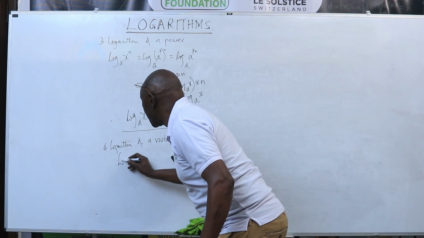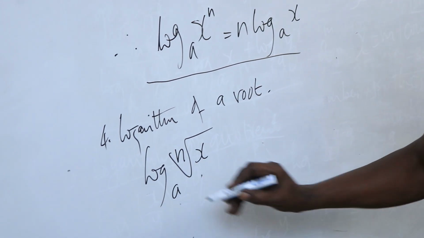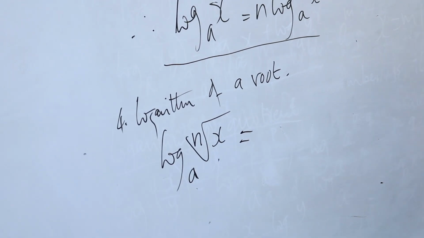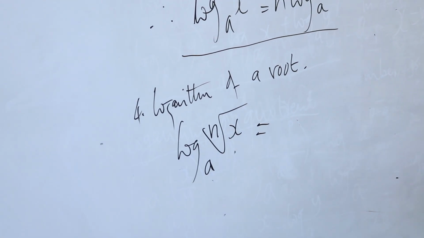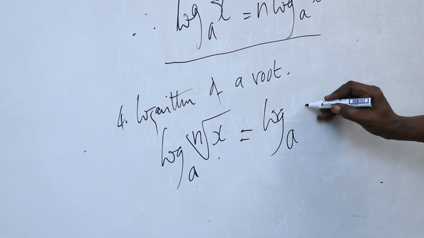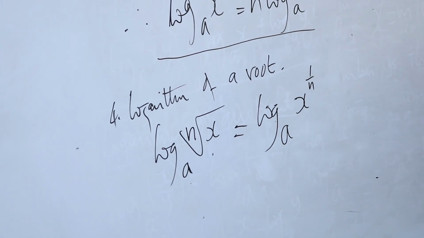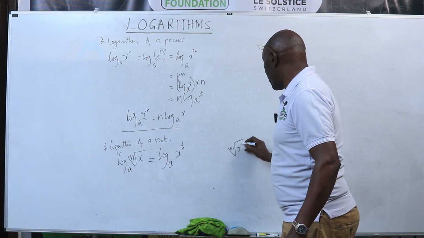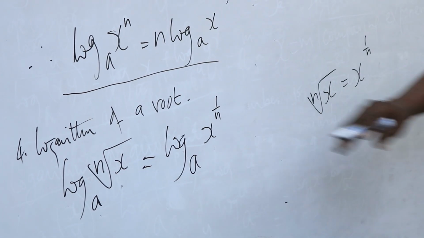Therefore, we are looking into the logarithm of the nth root of x to base a. So our first assignment here is to express the nth root of x in exponential form, which gives you the logarithm of x^(1/n) base a. Remember, the nth root of x is just x exponent 1 over n. So that's what I've done here.